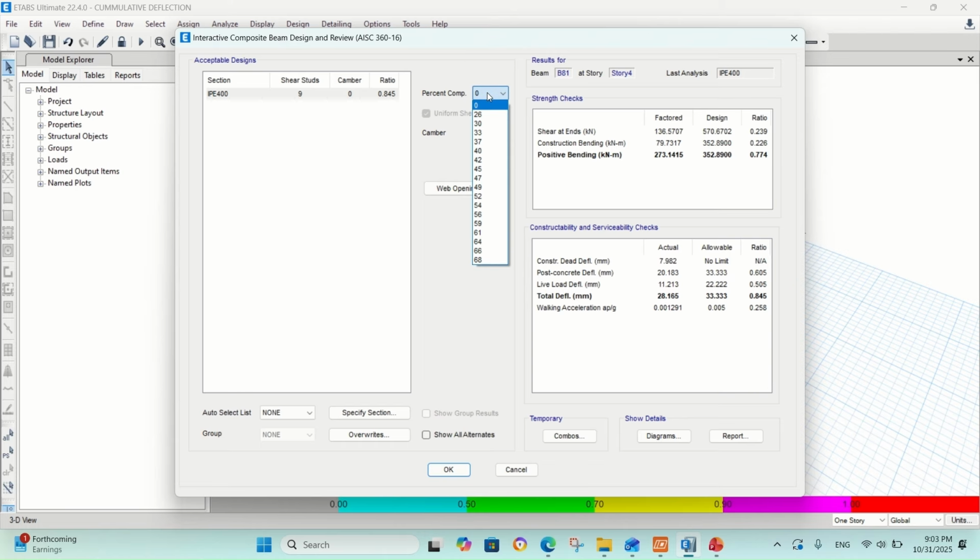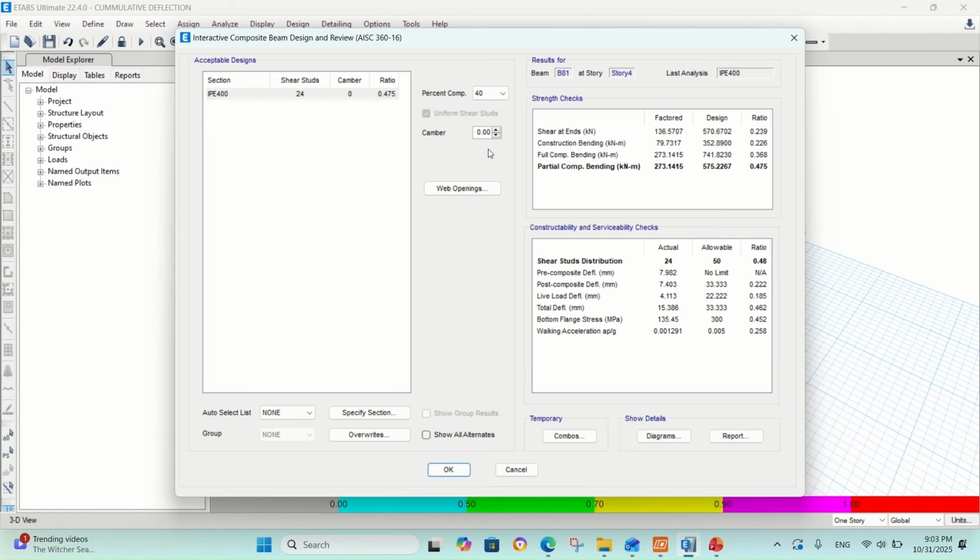Here for sure, if I want to consider adding shear studs, I can choose the percentage of composite action and I will get the final deflection value.